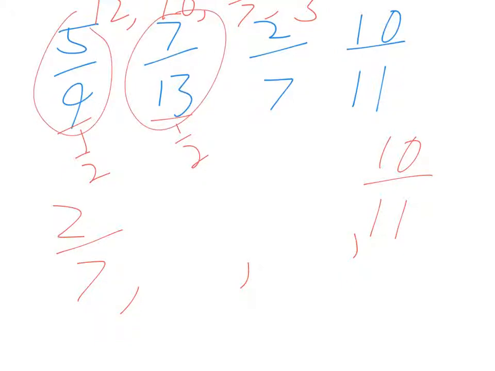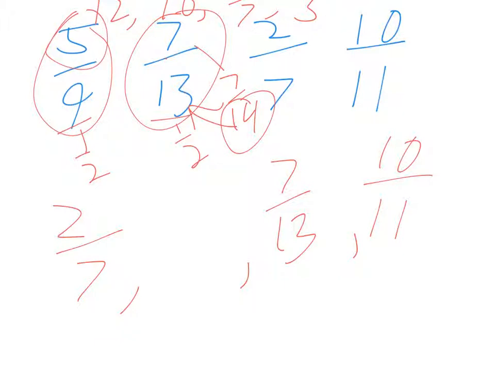We did compare these earlier in the video. I believe we did. And so 7/13 is going to be just more than a half because 7 times 2 is 14, so 7/14 would be half, meaning that since 14 is greater than 13, the 7/13 is bigger than 1/2. And 5 times 2 is 10, and 10 is greater than 9.